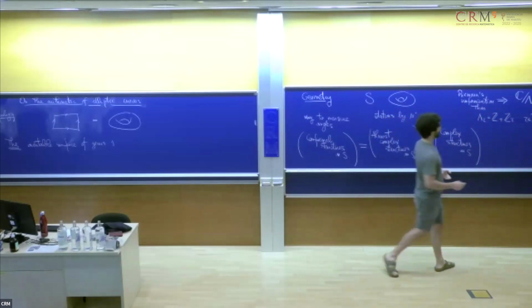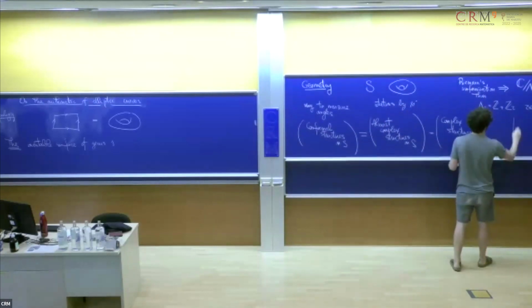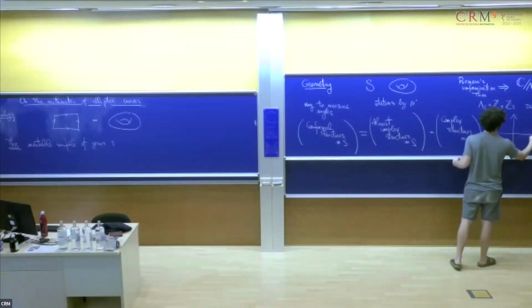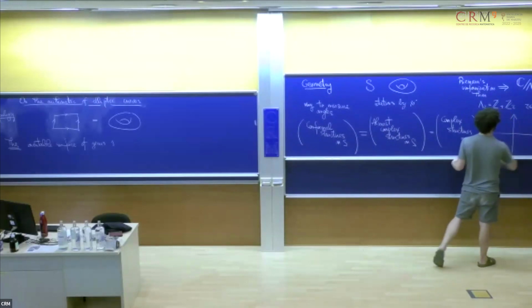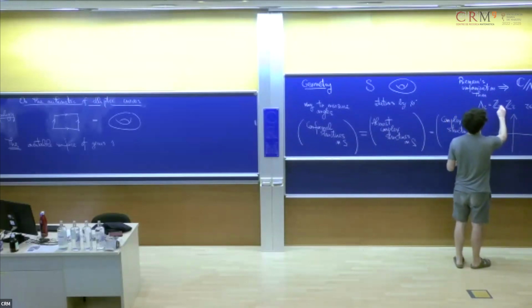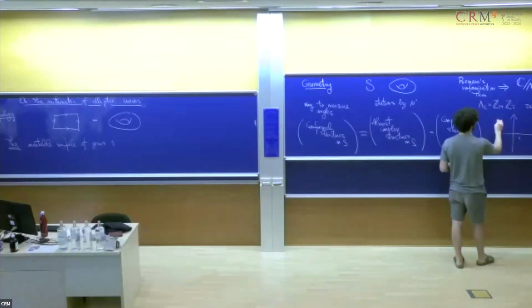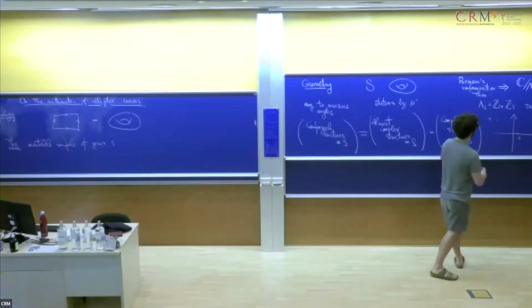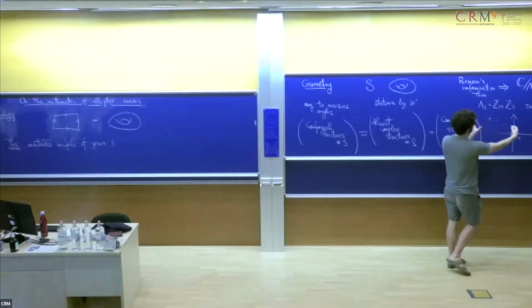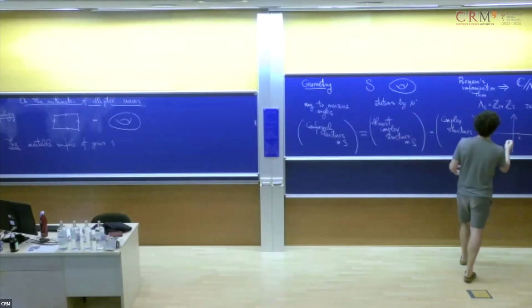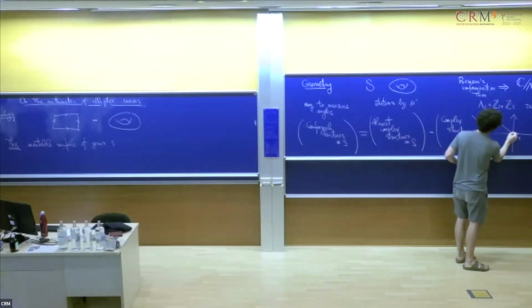So the picture looks like this. We have the complex numbers, so this is C. We have the element 1, for example, and the element tau that could be something here, right? So we need to form our rectangle at the beginning. So in this case, it looks like this.